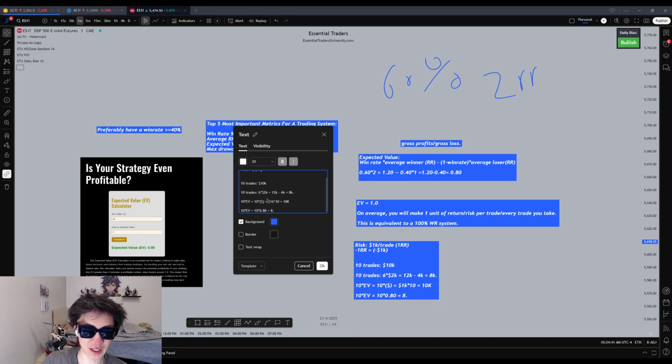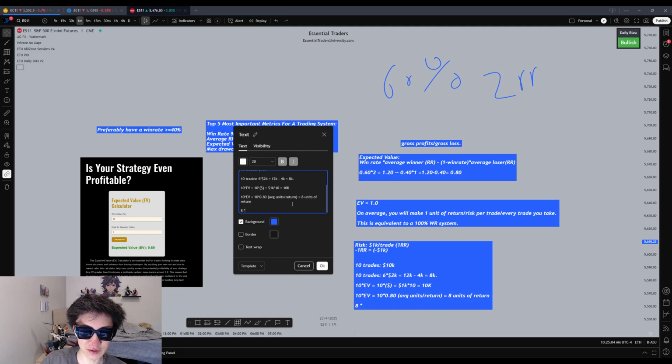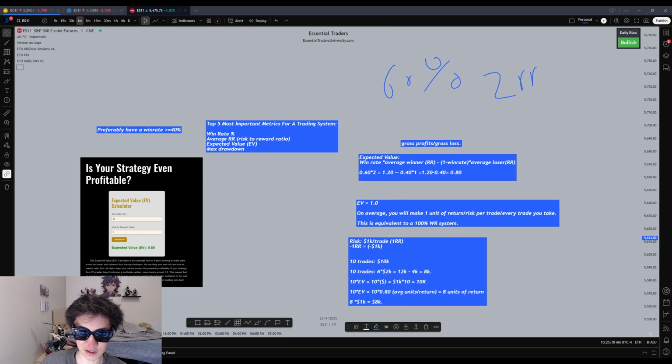So you get 8 units of return here, because, again, expected value 0.80 is your average units of return after wins and losses. And the 10 is just obviously 10 trades, right? So with 8 units of return, and your risk is 1K per trade, 8 times 1K, you end up with 8K. It's the same exact calculation, guys.